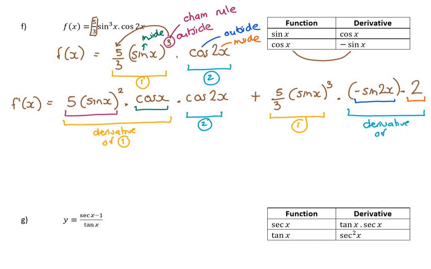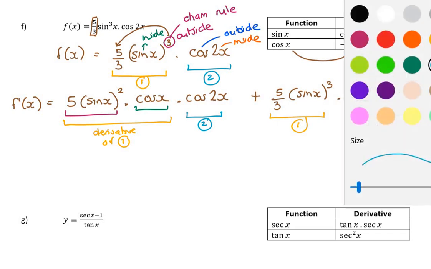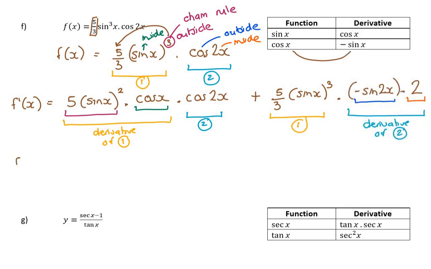Because remember, all of these chain rules we were doing were within the product rule, and the product rule says differentiate the first, multiply, leave the second, plus leave the first, multiply by the derivative of the second. So you just have to really keep your wits about you when you're doing these things. Okay, let's write this out a little bit more neatly. I really don't think it gets much neater than this, so I'm just going to write 5 sine squared x cos x cos 2x.